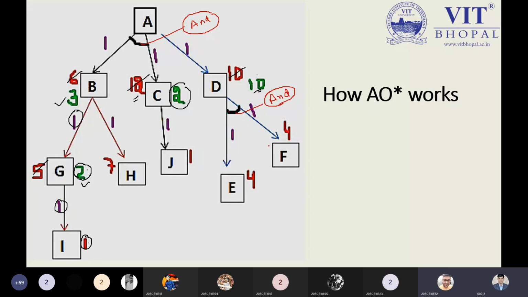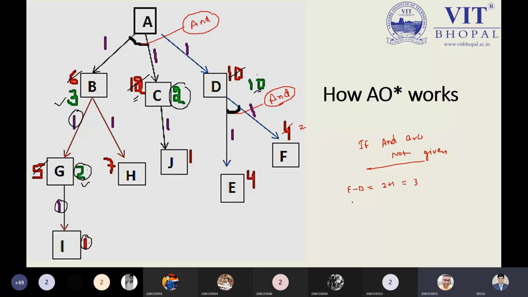But if it is not given in the question, what can I do? I can explain over here. Suppose the AND arc is not given, and this 4 is rather 2. So F to D, in the reverse, what we are getting is 2 plus 1, that is 3.